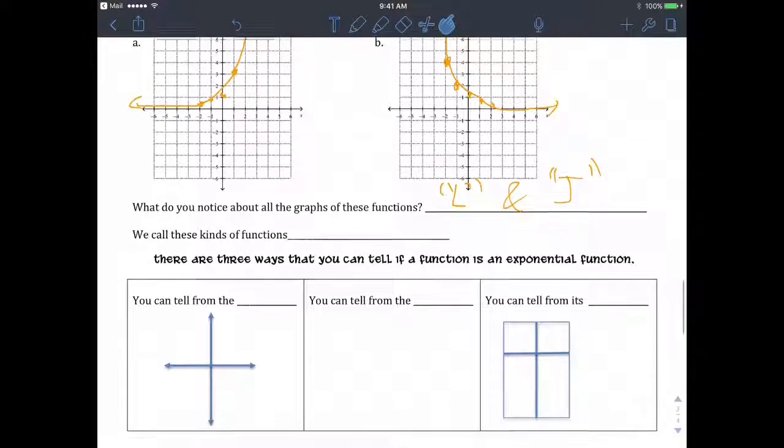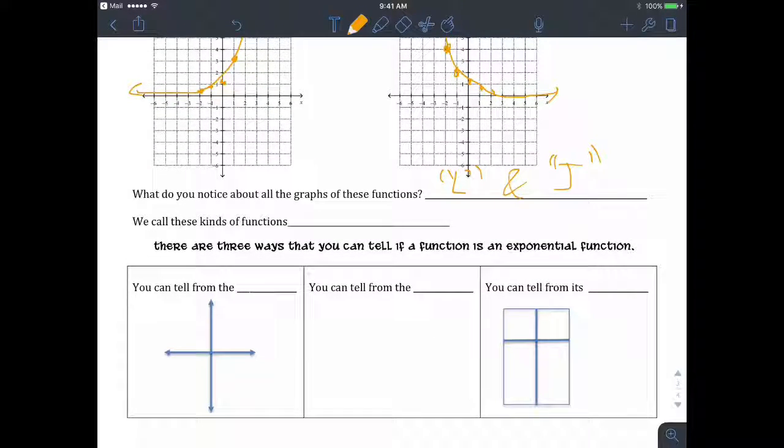All right. Now let me go ahead and give you the name of this function family. This function family is called the exponential family. Okay. Now again, there's 3 different ways that you can identify if something is exponential. All right.